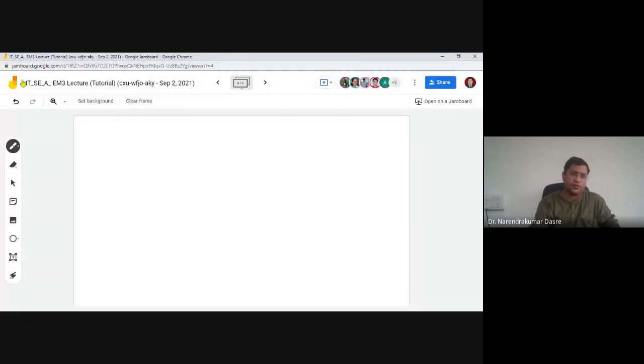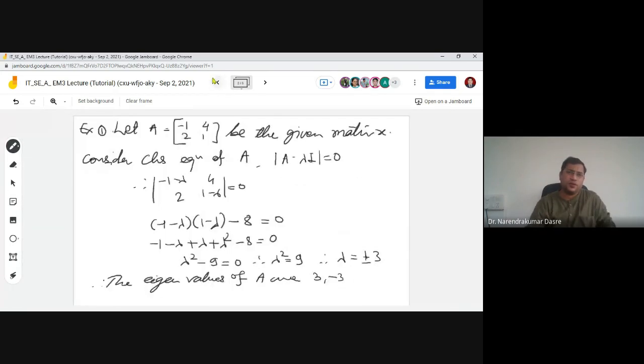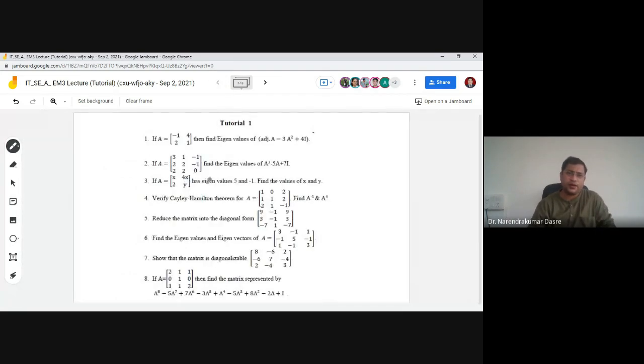Let's try the next example, example 3. What do we have here in 3? This is the matrix.